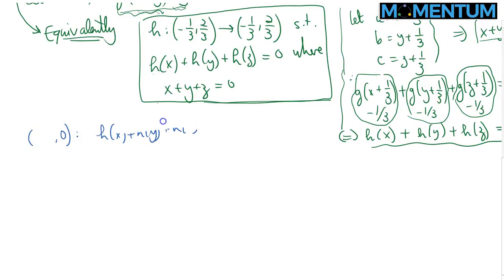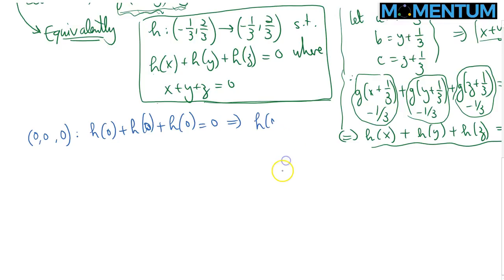Yeah, not a good idea. Okay, let's do 0, 0 so that I get h of 0, right? So I would have h of 0 plus h of 0 plus h of 0 equal to 0, implying 3h of 0 is 0, or simply h of 0 is equal to 0, right? So that's our first observation, and that's important.